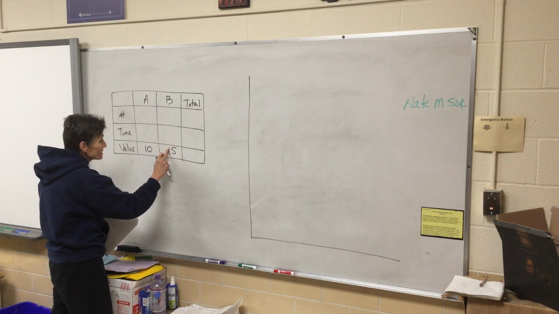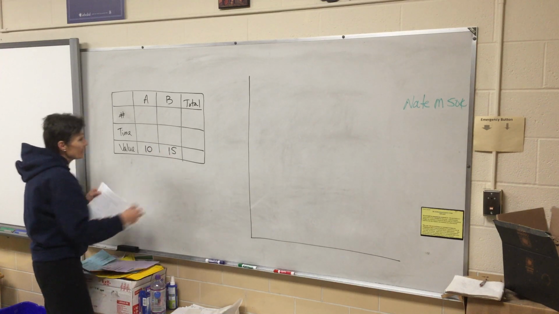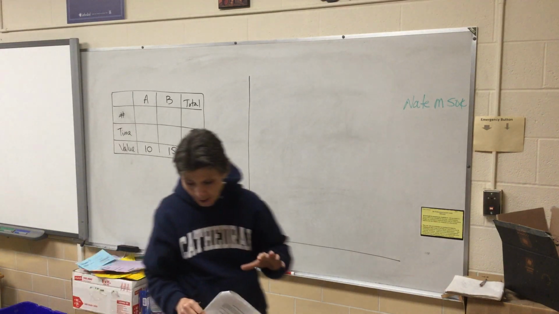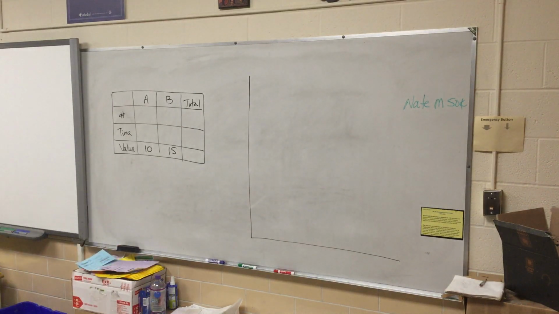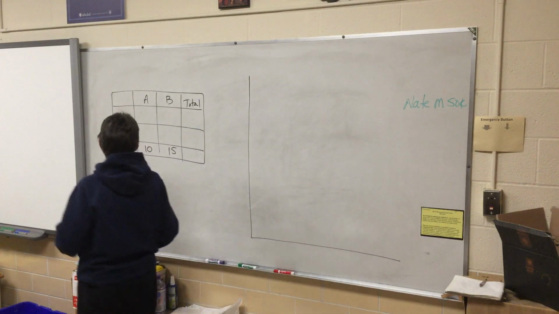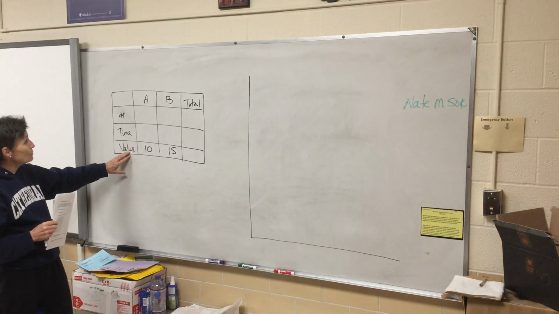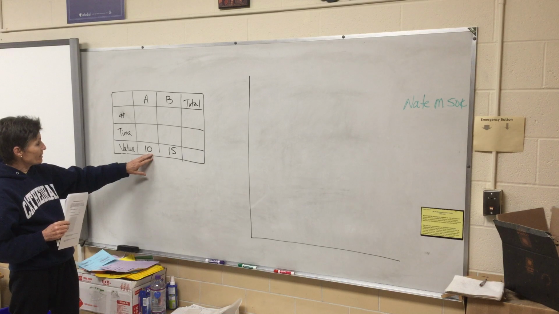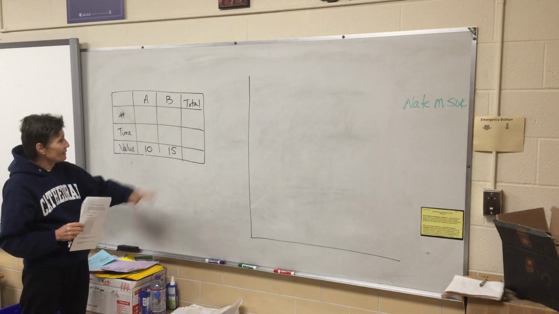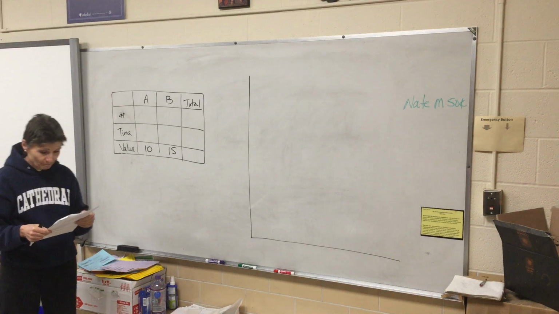So all this table is used for is to help me organize the words that are in the problem. And again, I'm going to set up the table for you. You'll just have to read the problem and then plug stuff in. So the value of question A is 10 points, and the value of question B is 15 points.